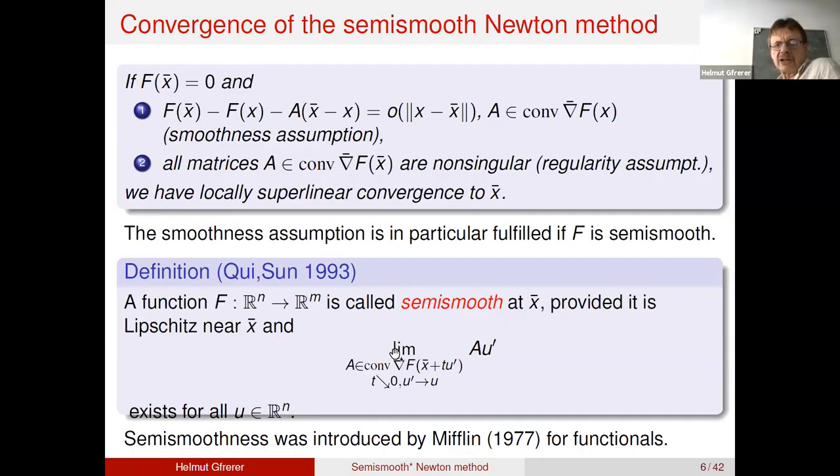One can give an equivalent characterization of the semi-smooth property, namely that this smoothness assumption is fulfilled and the mapping F is directionally differentiable. Semi-smoothness goes back to Mifflin. It's a very old property.